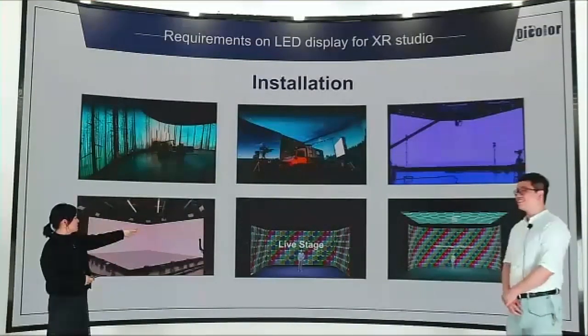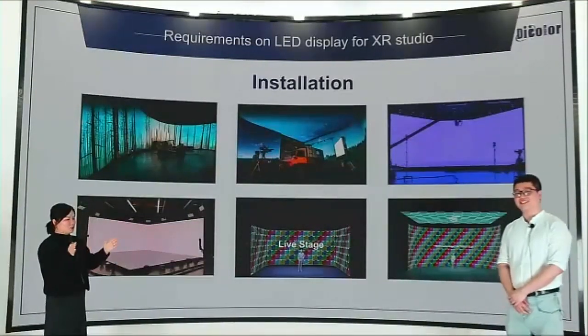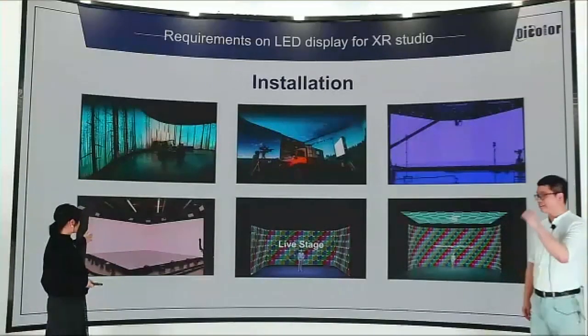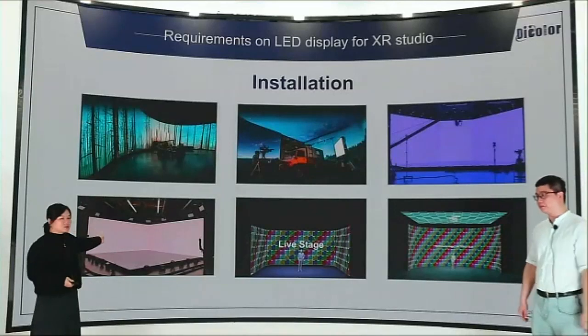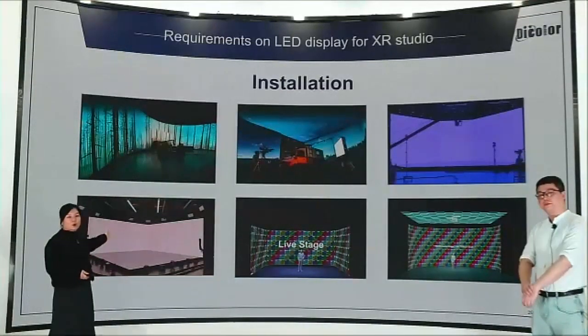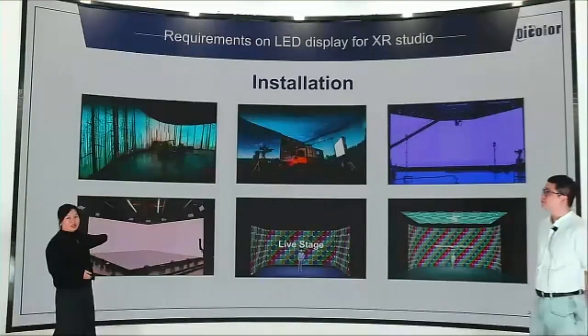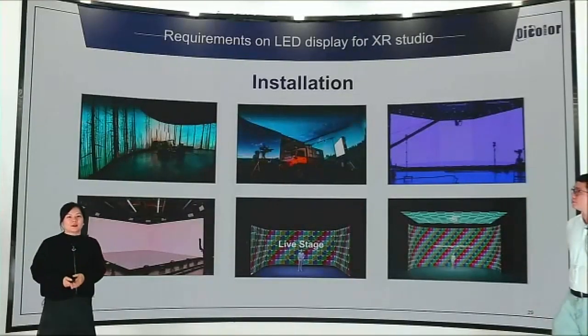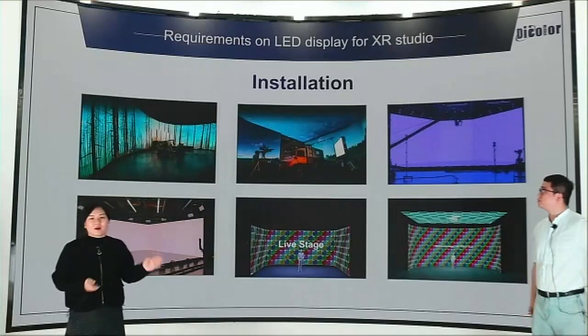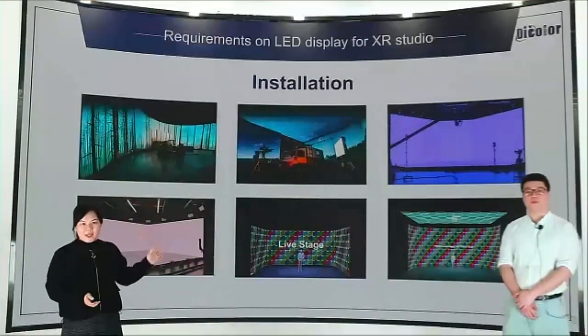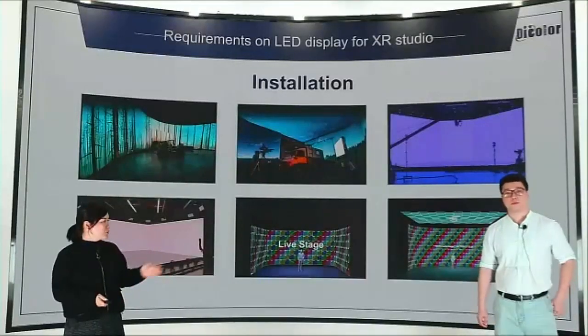This is like a corner, no, a rectangle without one side, and this is like a street. And this studio, we will bring you to experience Dicolor's studio like this size later on. So we have some other choices as well. So here we only show the main shapes for your reference.